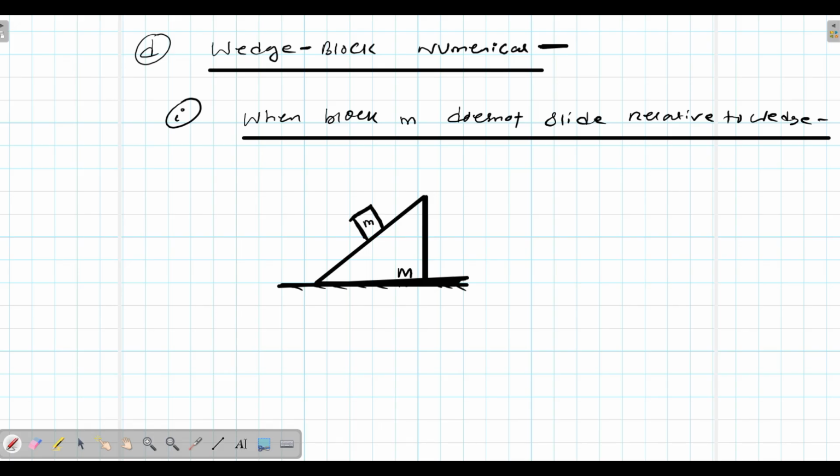This is theta. When block m does not slide relative to the wedge, F is the force applied.